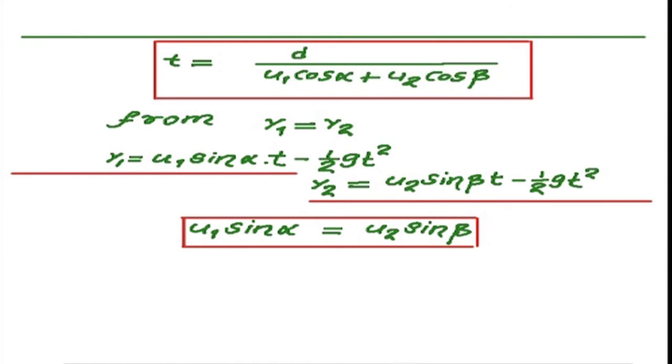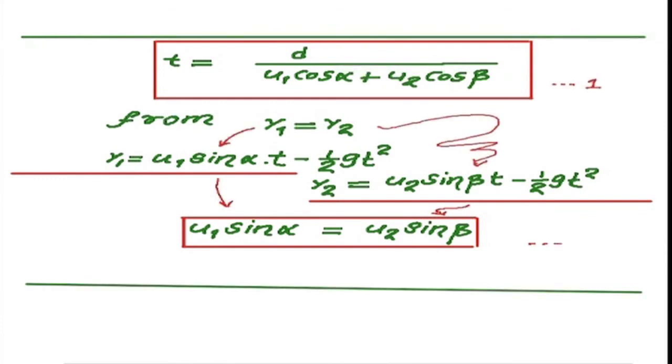If under this condition, the second condition, that u1 cos alpha t plus u2 cos beta t becomes equal to the initial separation, then it is sure shot for this collision to occur. So this is the condition number 1 and this is the condition number 2. Here condition number 1 is also the source of the time at which collision occurs.